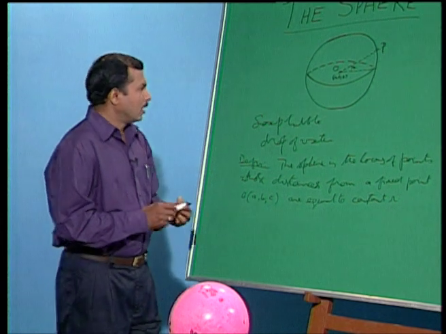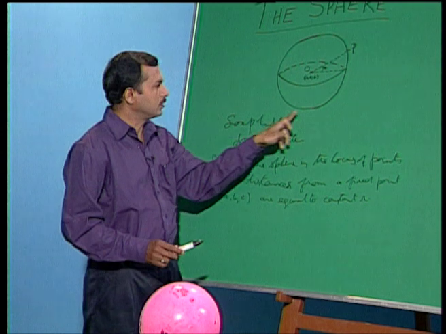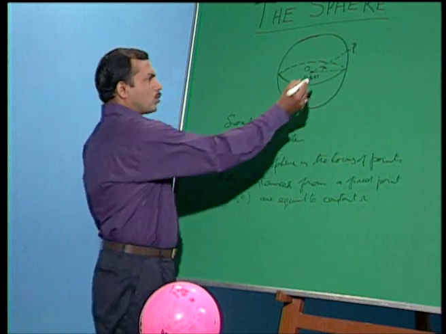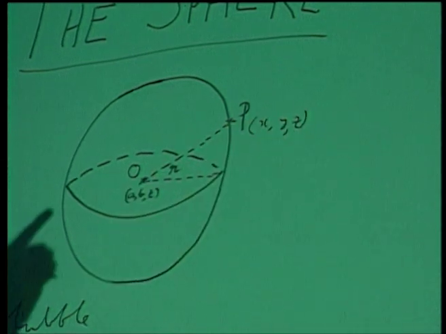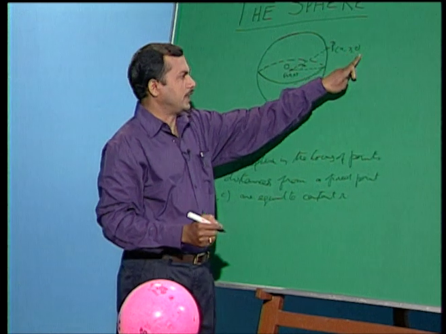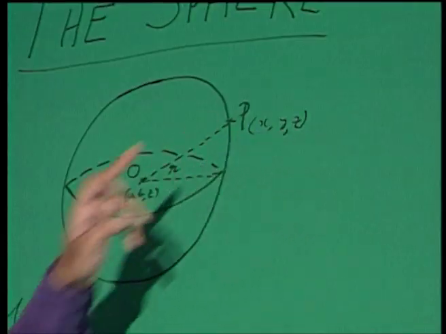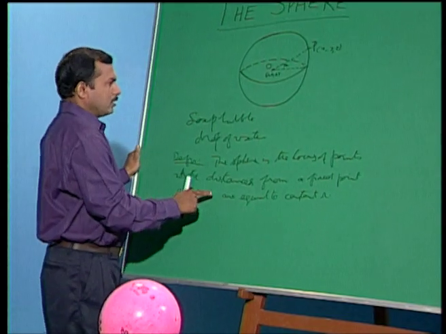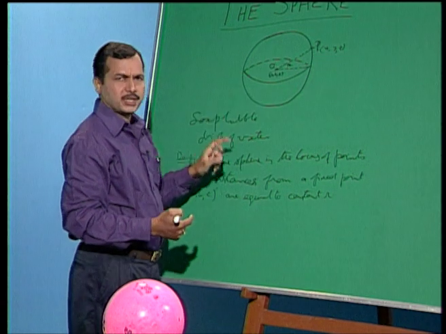Well, let us take the point P as a general point on the sphere. Let its coordinates be x, y, and z. P is a point in the three-dimensional coordinate geometry, so it will have three coordinates, x, y, z. Now, we are assuming that this point P is a point on the sphere.